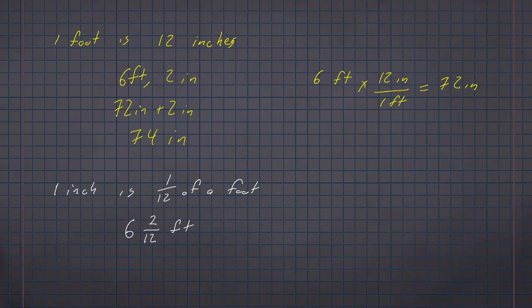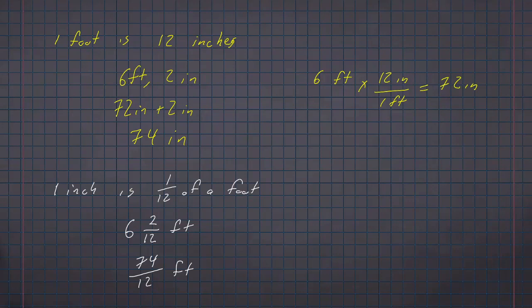And 74 inches is the same thing as 74/12 of a foot. So exactly this process that converted feet and inches mixed number into straight inches improper fraction is the tool we're going to use moving forward to convert from mixed numbers to improper fractions in general.